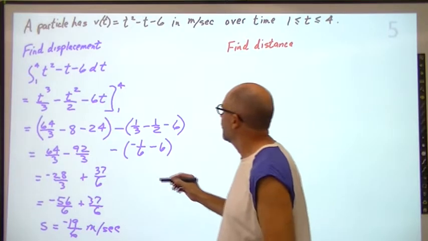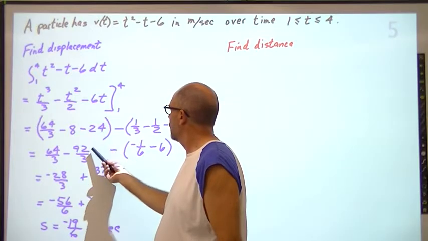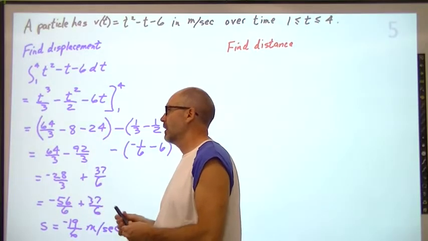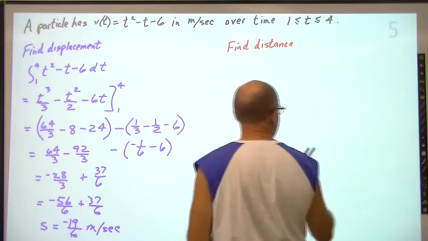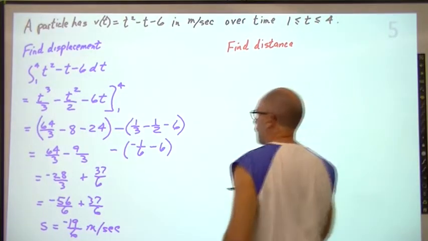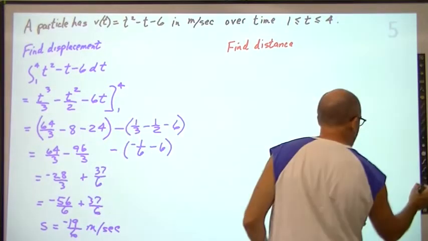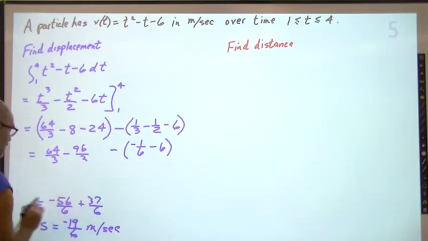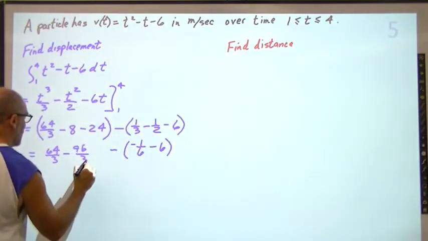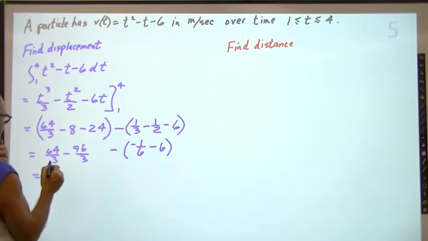All right, so this is -32. -32 times 3 is... Now, let's just get rid of all of this then. Okay, so 64 minus 96 is negative 32.